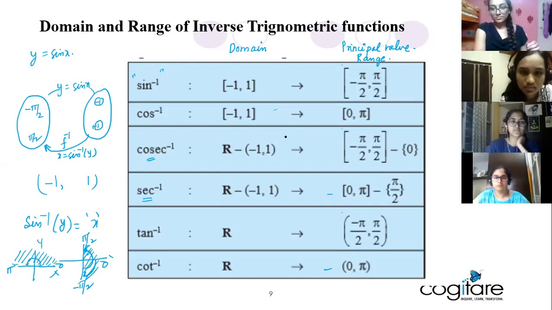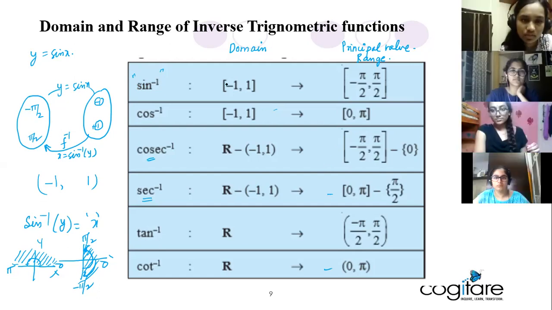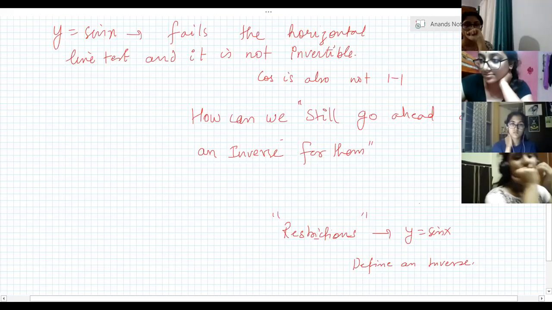Yes, do some numericals. Find the principal value of each of the following.